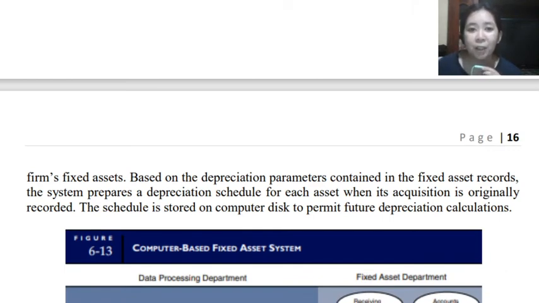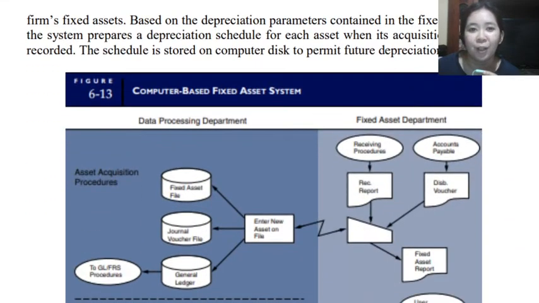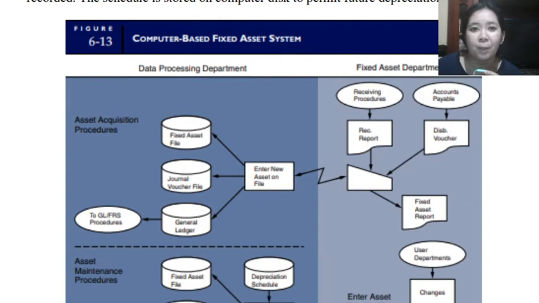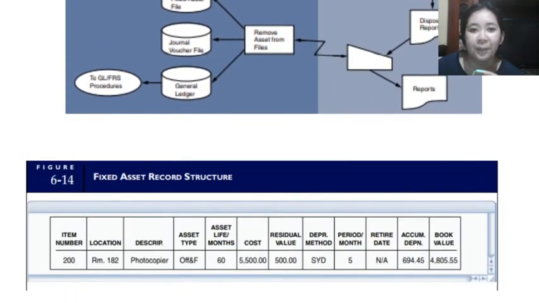Based on the depreciation parameters contained in the fixed asset record, the system will prepare a depreciation schedule for us, okay, for each asset when it's acquired and originally recorded. The schedule is stored in the computer disk to permit future depreciation calculations. So this is the example of a computer-based fixed asset system.